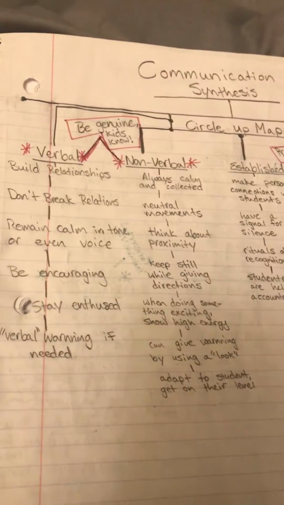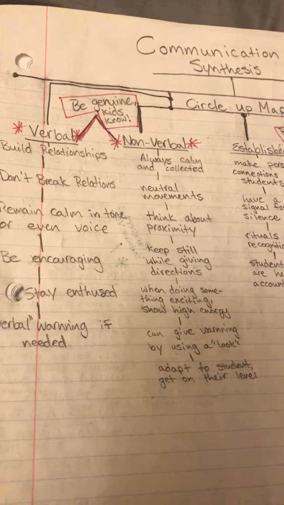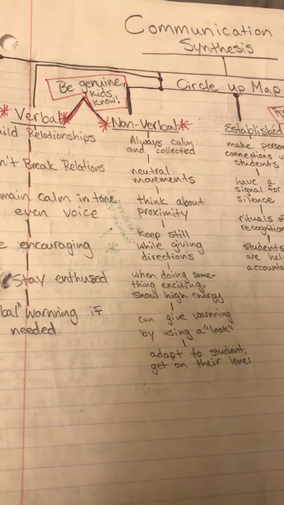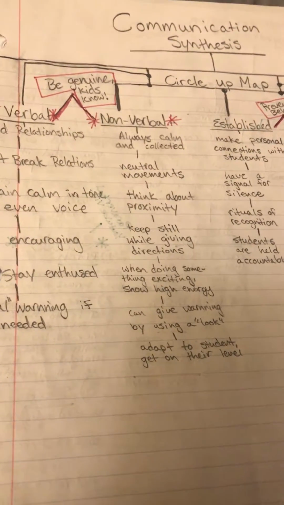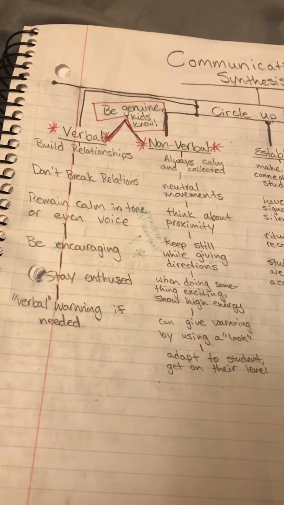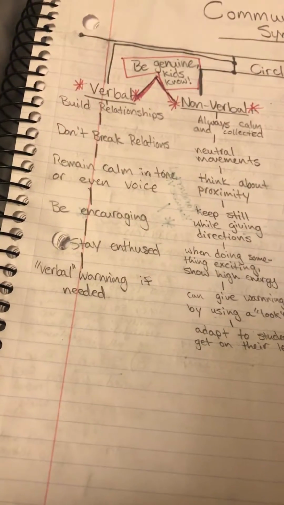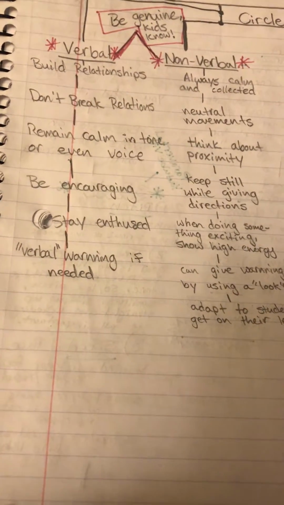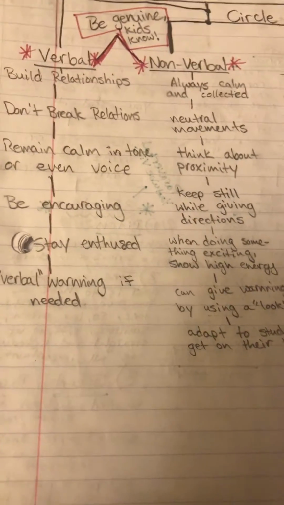Try to hide those things and keep an even tone of voice so that students focus more on what you're saying and not on how you're saying it, because sometimes how you say things might not really benefit the student as they learn things. You might be yelling at a student who never knew any different. So it's an important thing.